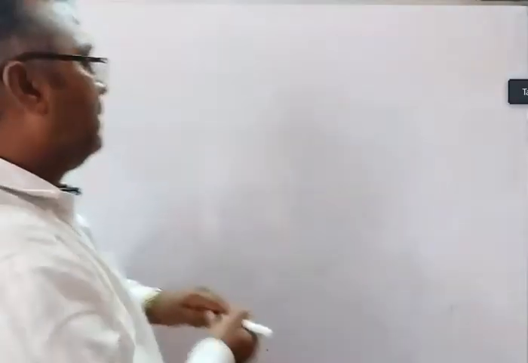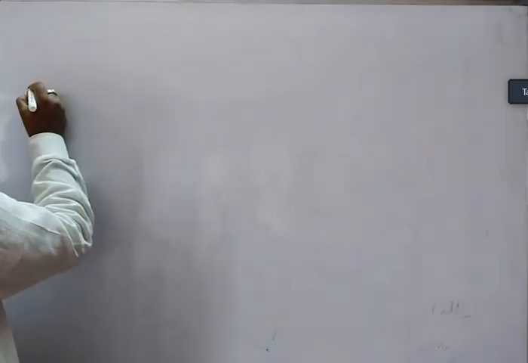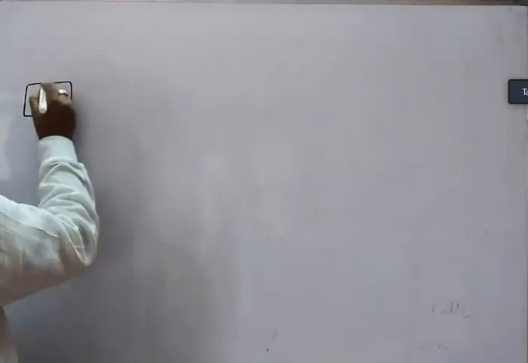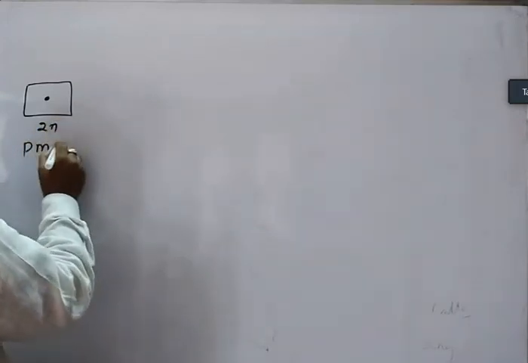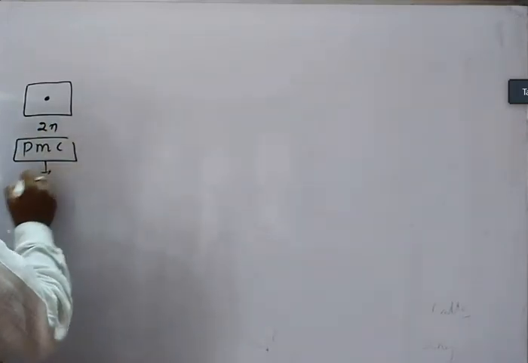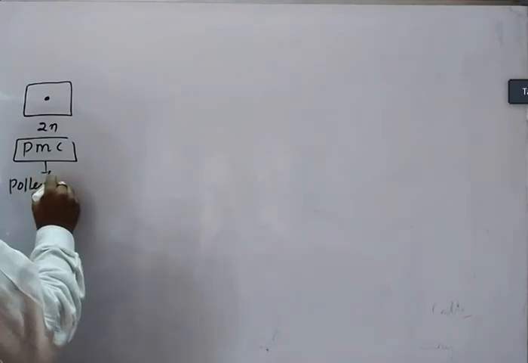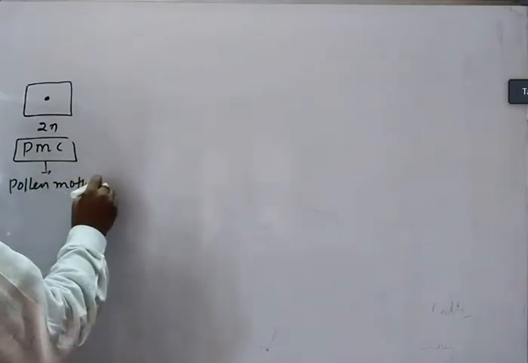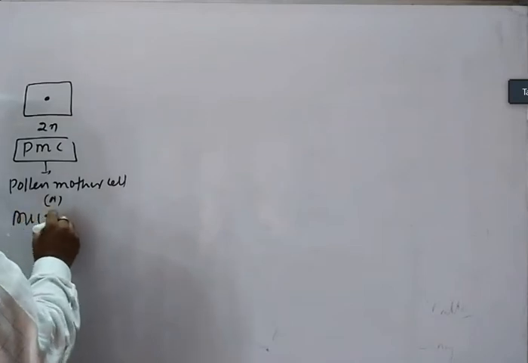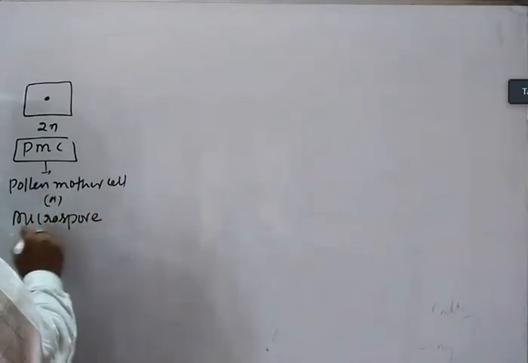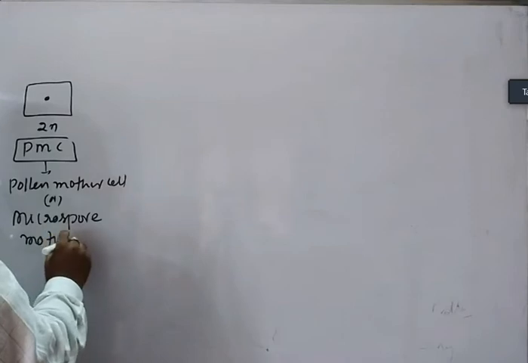so look at here, please. One microspore mother cell. This is diploid PMC. What is the meaning of PMC? Pollen mother cell. This is also called microspore mother cell.